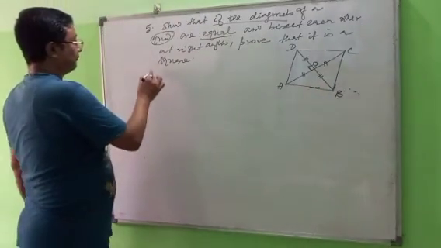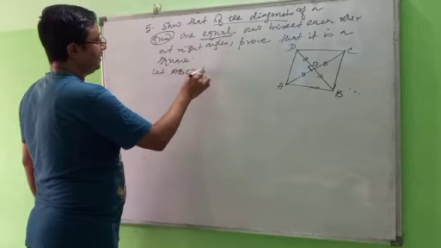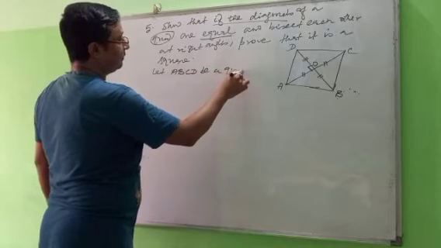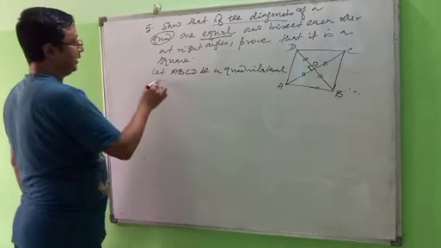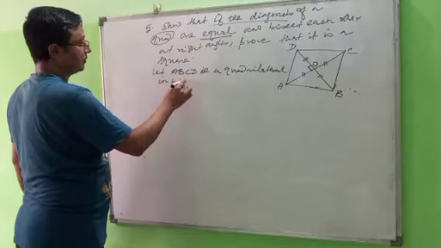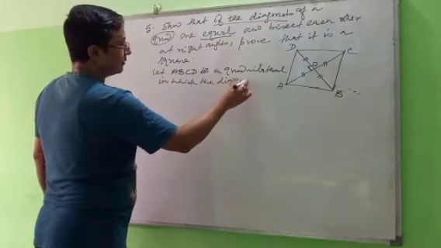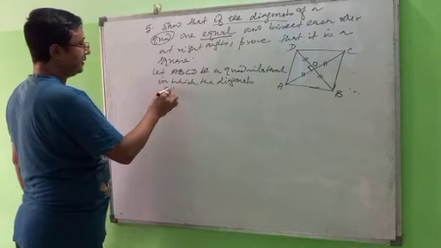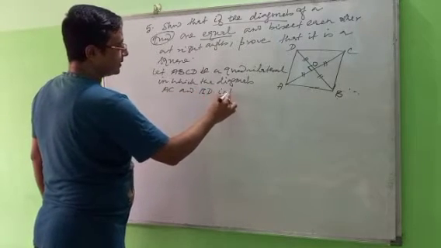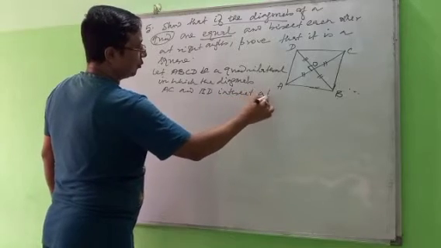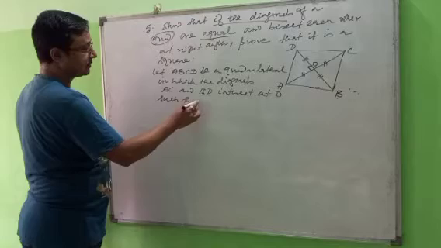So now let ABCD be a quadrilateral in which the diagonals AC and BD intersect at O, that means meet. How?